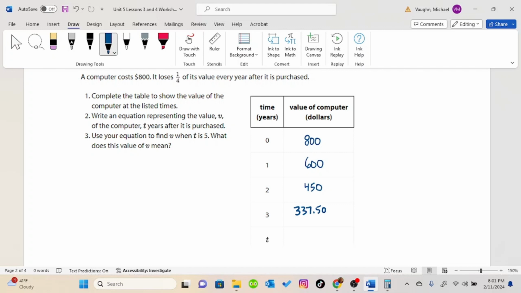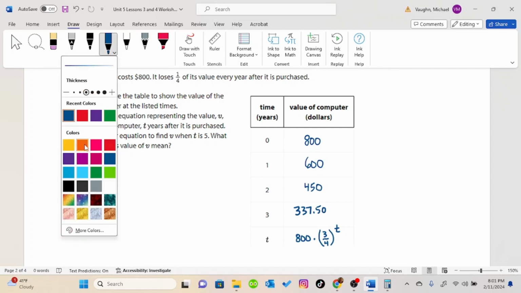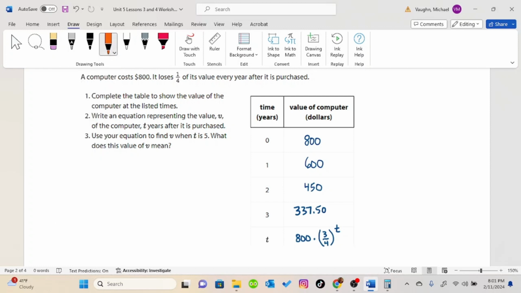So if we are writing a generic expression, we would say to find t, we would have the original value times the proportion that it's keeping, which is 3/4, to the power of t, which would be the number of years. Number 2.